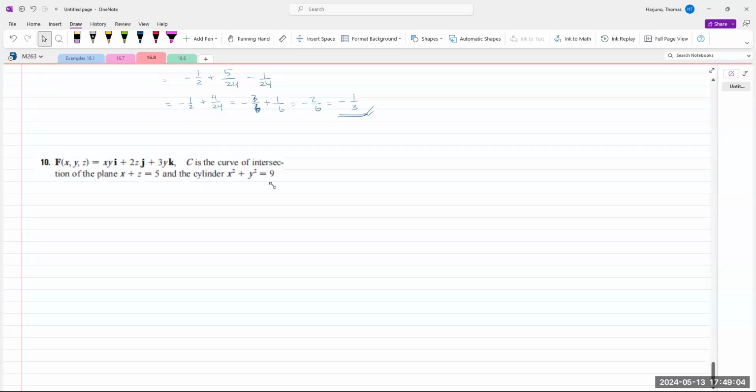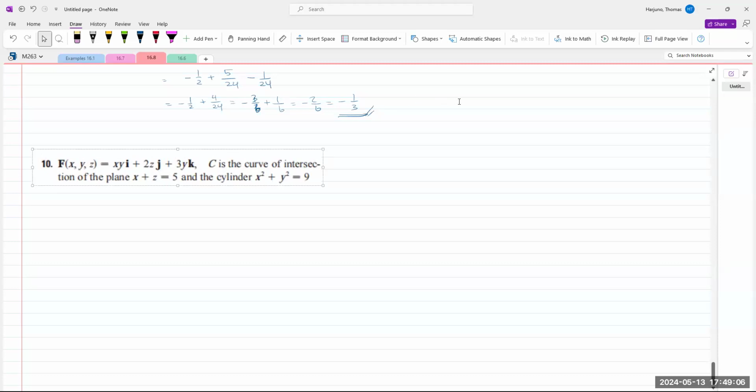We have the vector field F, and C is the curve of intersection of the plane x plus y equals 5 with a cylinder with radius 3.